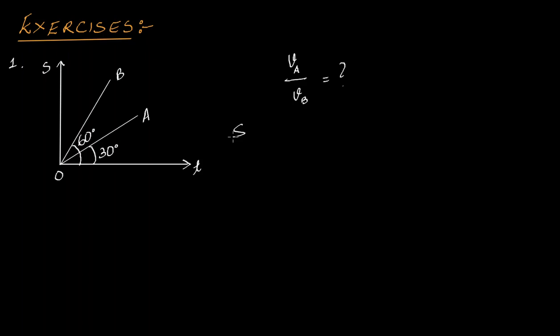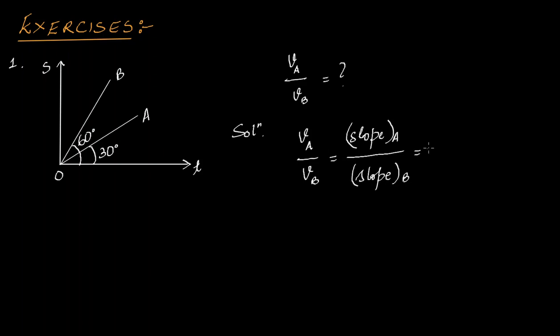Okay, and this is very simple. So what is VA by VB? VA by VB is actually the slope of A divided by the slope of B, right? And what is the slope of A?